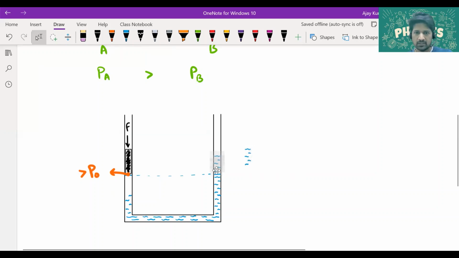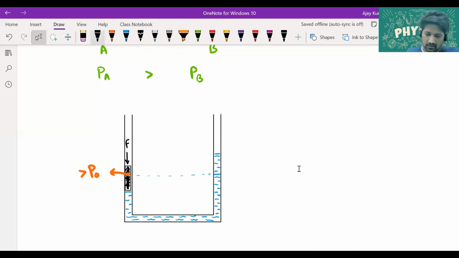Till when will this adjustment happen? Till the pressure at the same level in the bottom branch becomes equal. So due to this additional force that we applied, this side will come down, that side will go up. This is what is going to happen.